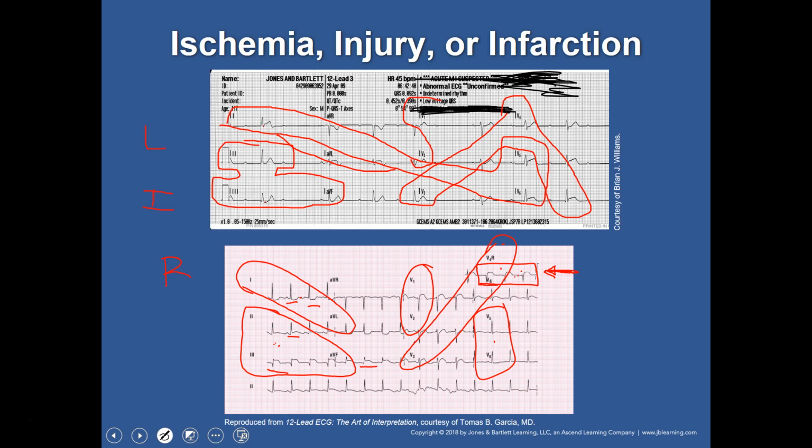So I know it's a big old mess, but I've given you two ways to look at it. There's somebody in class that found a different way that they found very easy, and I bet you could go online and find 10 different ways to remember these groupings.